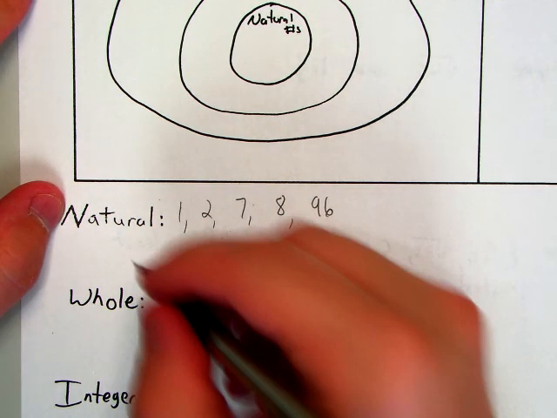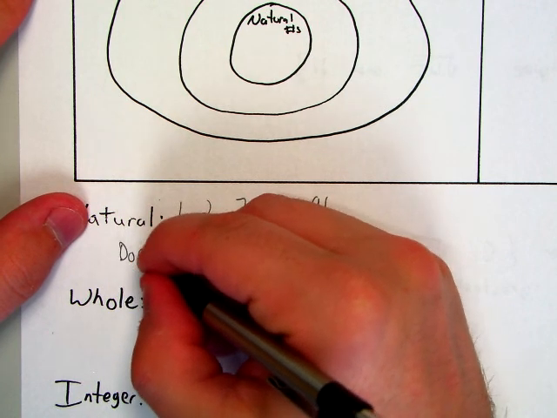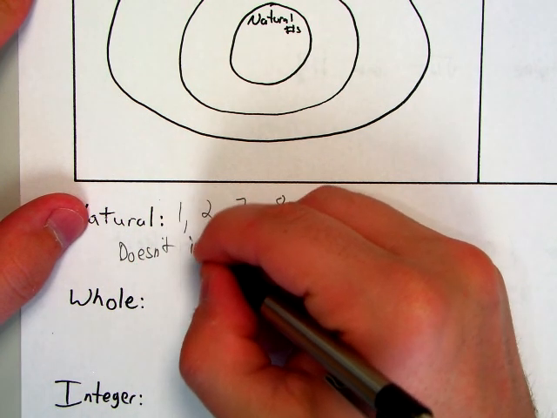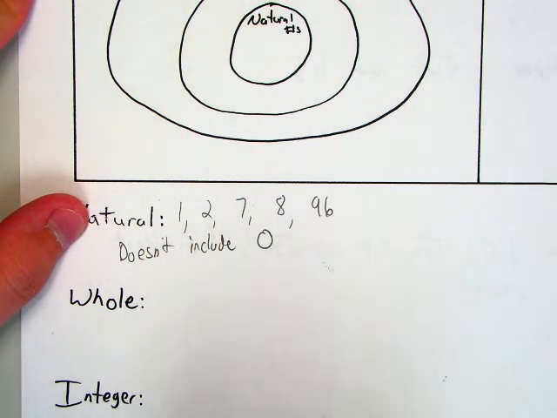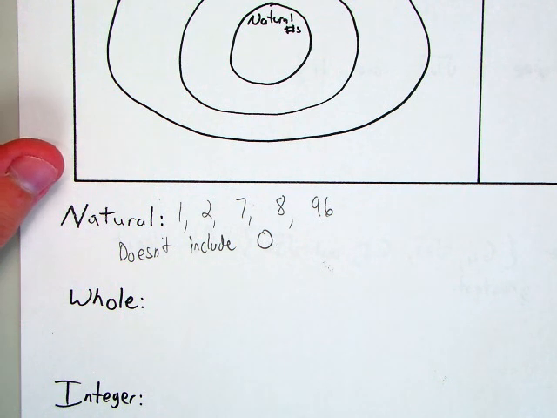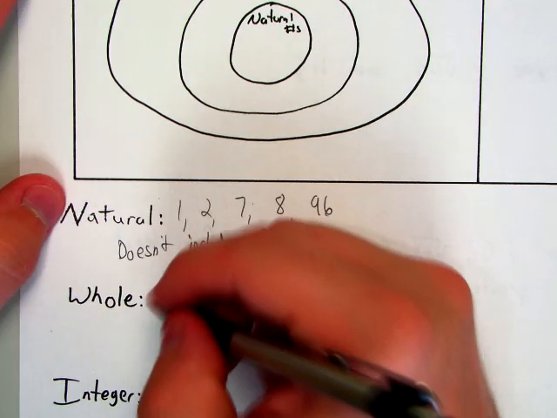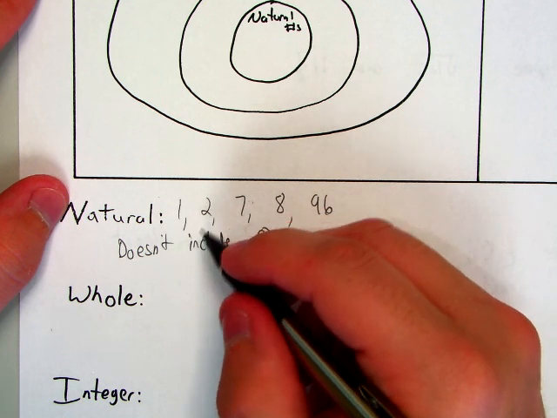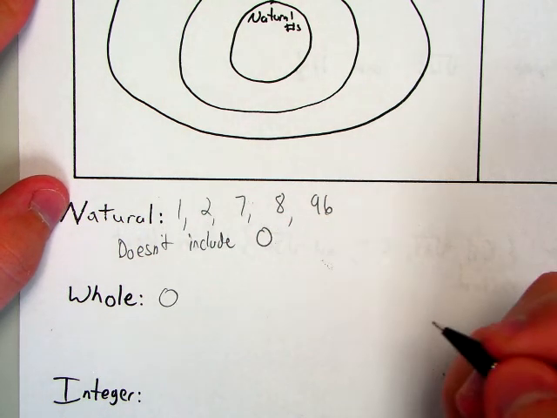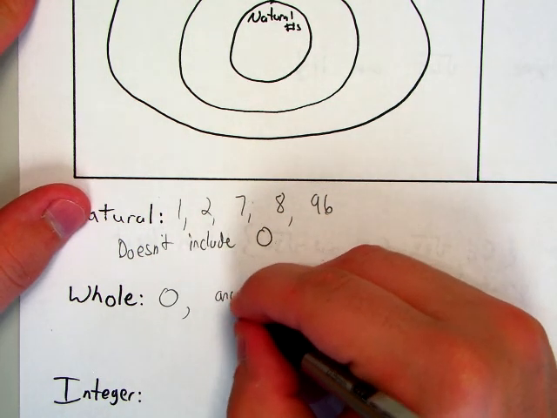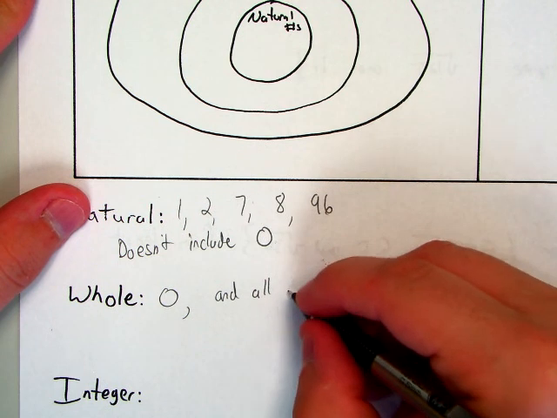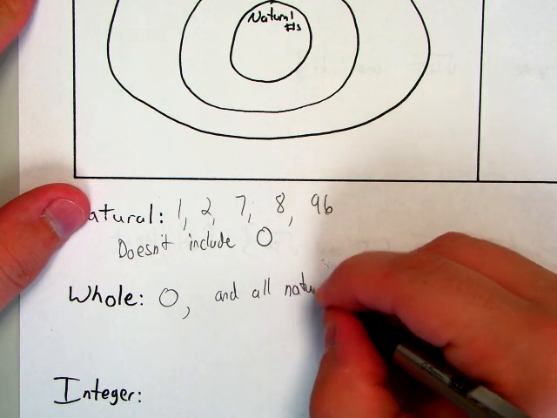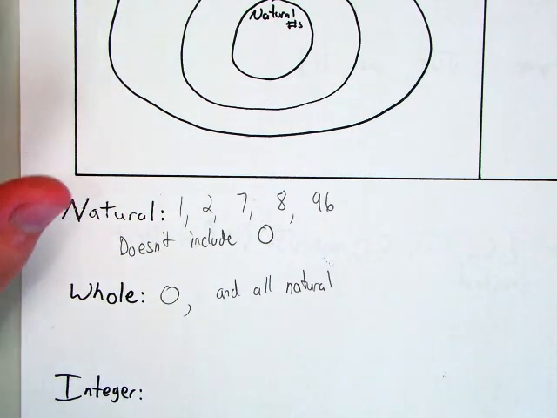Big thing here, though, is it does not include 0. 0 is not a natural number. In fact, the only whole number that isn't a natural number is 0. So whole numbers are 0 and then all the natural numbers.